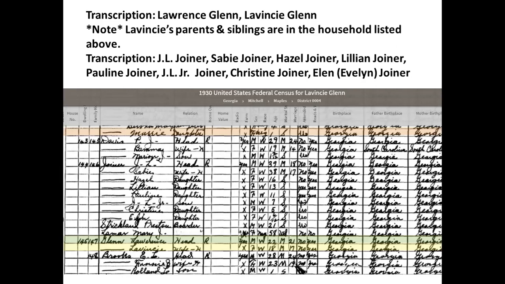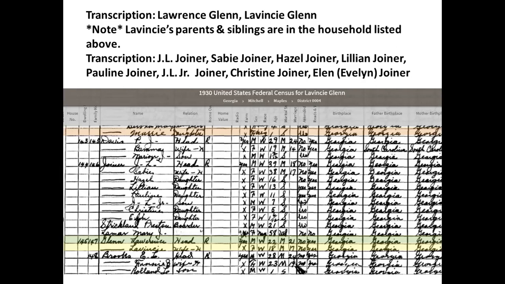The way the person transcribing it, they wrote Ellen, but it's actually Evelyn Joyner. So that's one of those that the person transcribing it got incorrect. But also the one that has J.L. Jr., he's not actually a junior.